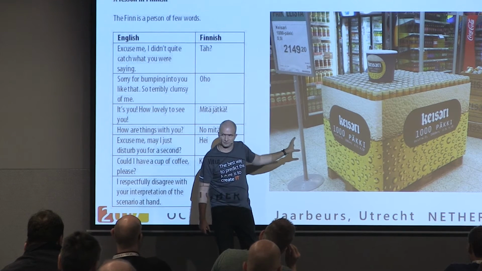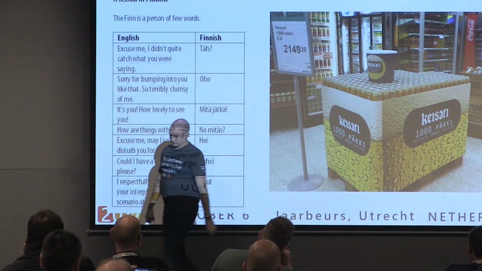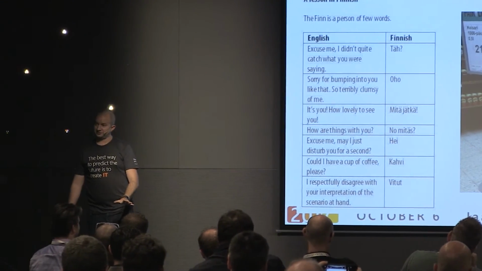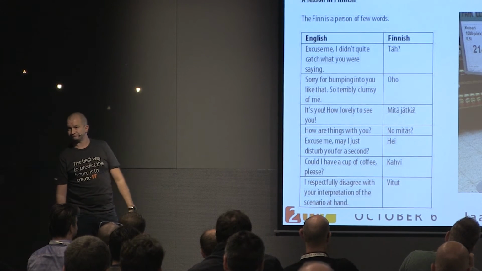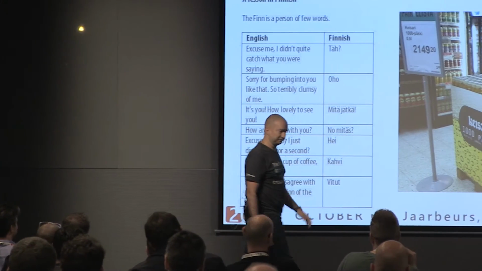It's called a 1,000-pack, but it actually does have 1,080 cans. Plus, in Finland, the only way to sell stuff like this, you buy it, you get a free bucket. Whatever they sell in Finland, you get a free bucket, okay?